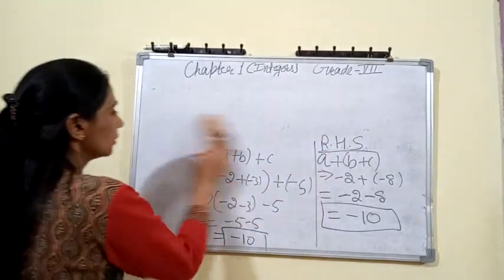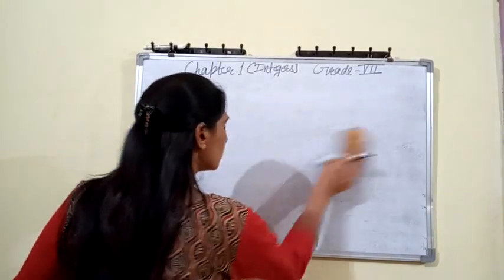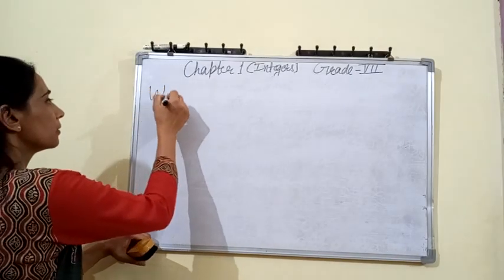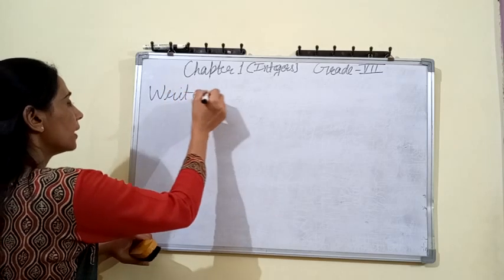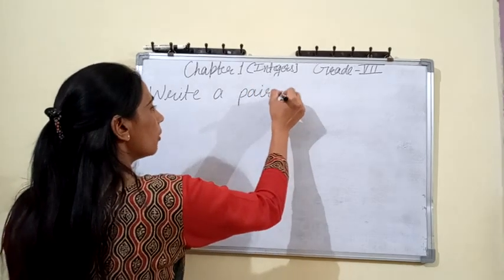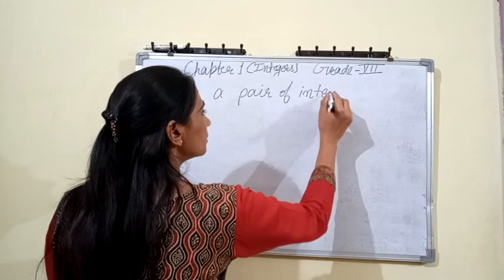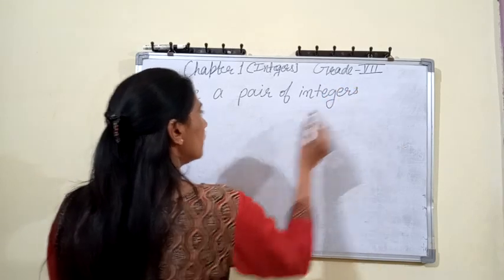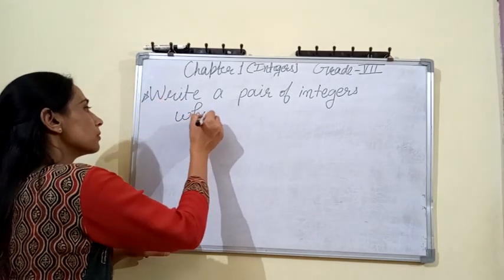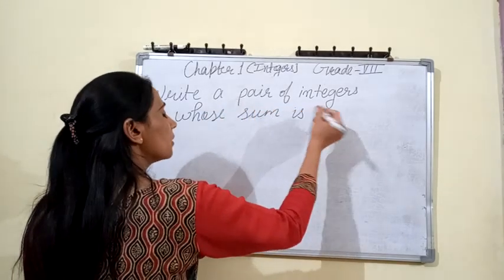Okay, so next, let's start some examples of this exercise. Write a pair of integers whose sum is any number you can take.